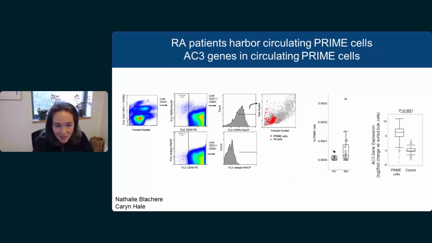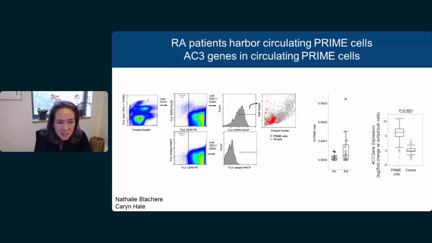So that led us to hypothesize that maybe there's a cell in RA blood that is overlapping with the kinds of cells that are seen in rheumatoid arthritis synovium. And so we used the same strategy that our Accelerating Medicine Partnership consortium used to sort synovial samples from patients with rheumatoid arthritis for fibroblasts.